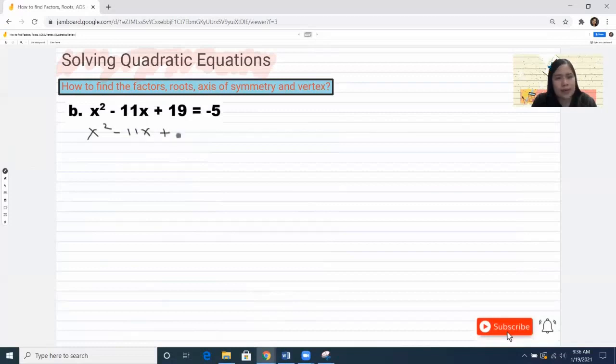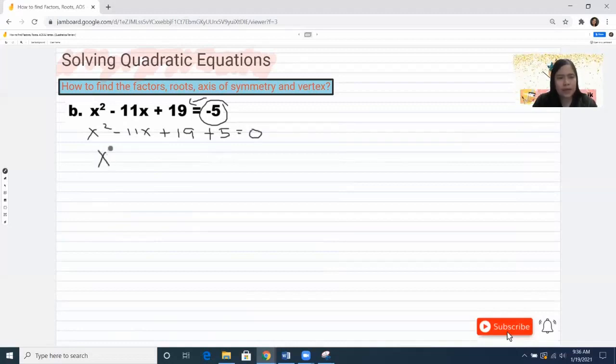You must equate it to 0, okay? So we'll move this -5 to the other side of the equation. Because we move it, it crosses the equal sign, and it will become a +5, equals 0. There you go. Then we'll simplify it.